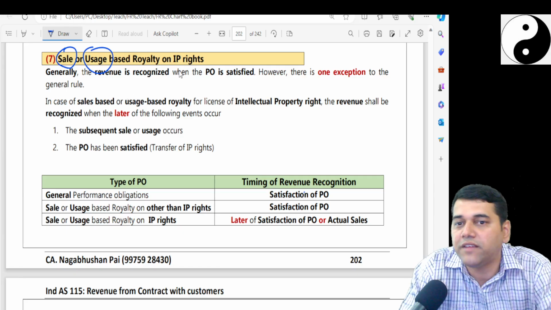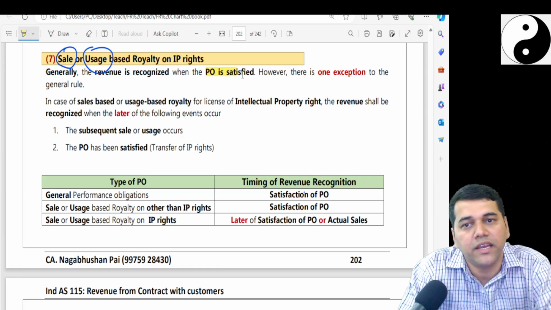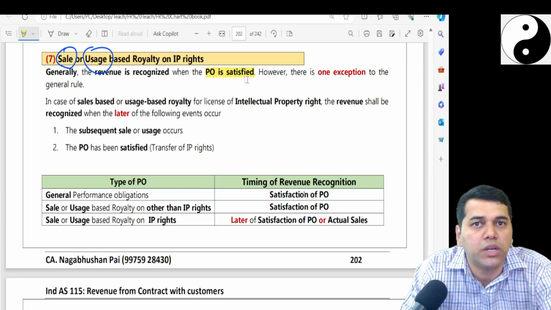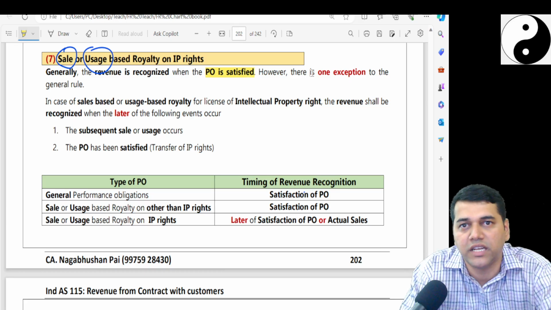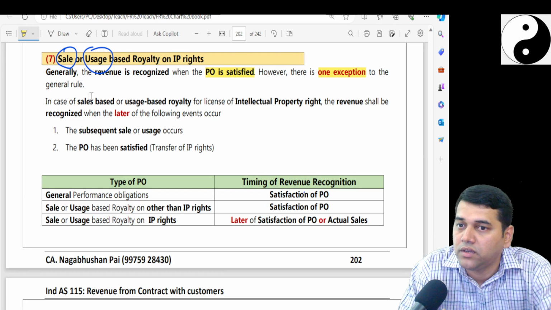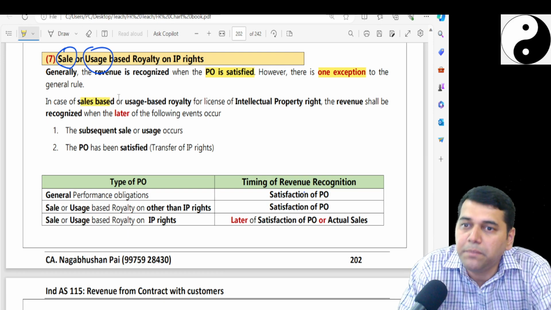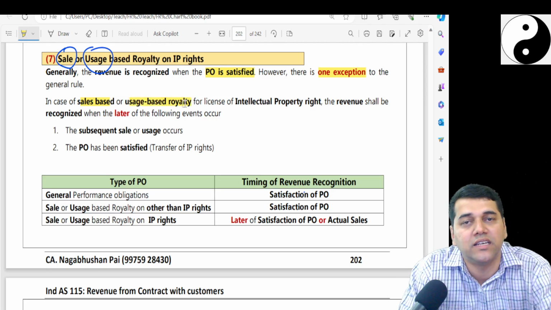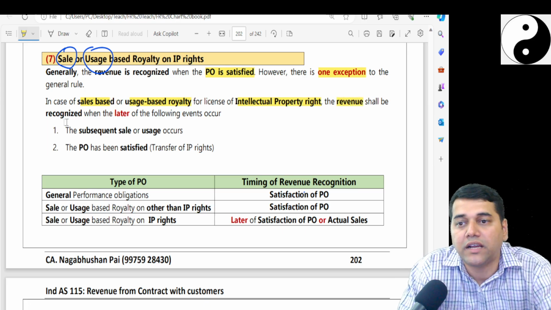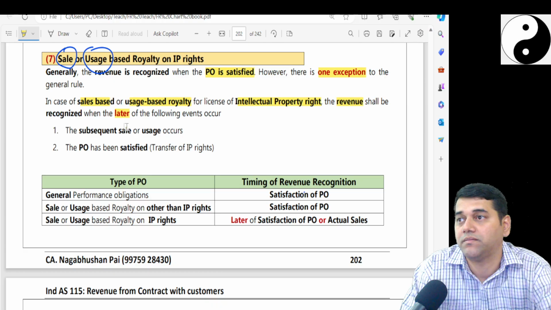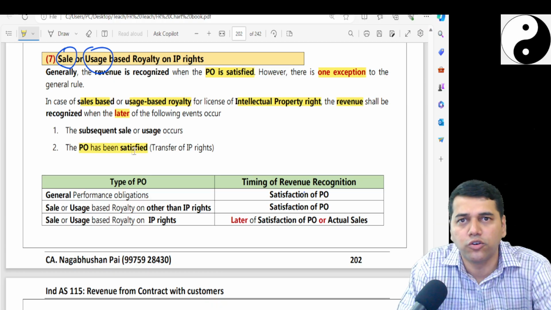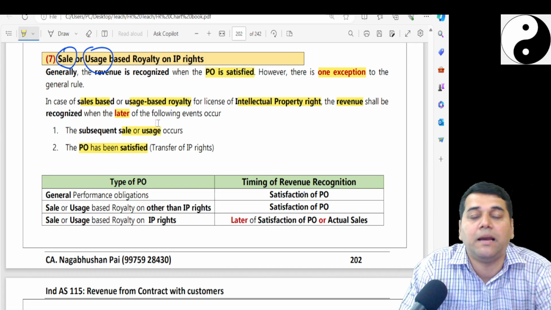Now generally revenue is recognized the day the performance obligation is satisfied, either at a point in time or over a period of time, depending upon the 3 conditions. However, there is one exception to this general rule. For the sale based or usage based royalty for the license of intellectual property right, revenue will be recognized at the later of when you satisfy the performance obligation, or when the sale happens.